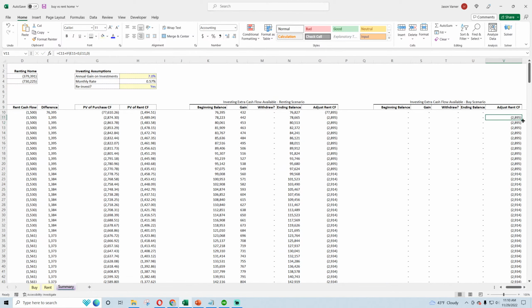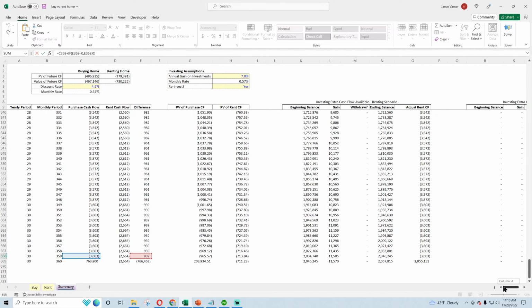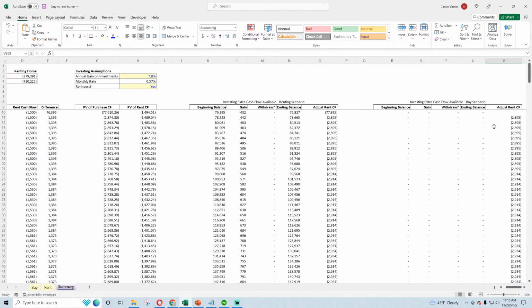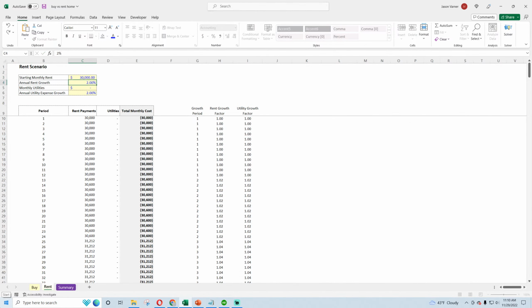Perfect. Okay. So this is correct up until the last period, I believe. So 3603. Yep. And the difference is towards rental, so you're not investing anything, and this is all zero. So this is fine. Let's put this back up to 3,000.